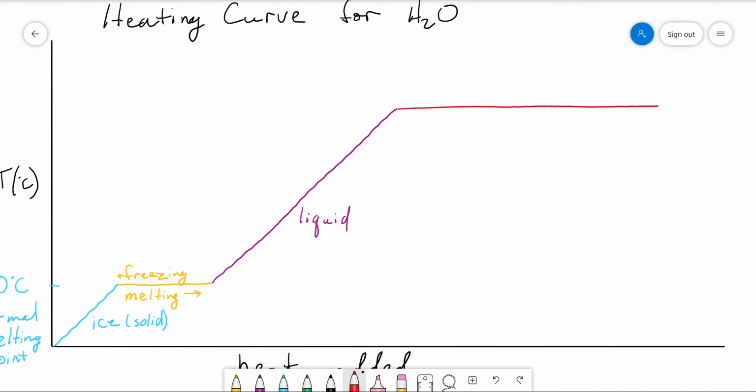And now, if we go back to the y-axis, put a mark there, what temperature is that? 100 degrees Celsius. That's the normal boiling point. Okay, and this would be called vaporization.